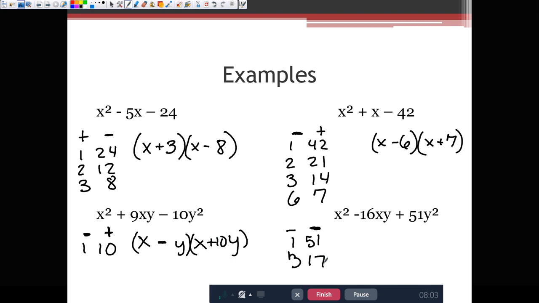Do either of those add up to 16? No. So if it doesn't work, then it's considered prime because you cannot factor it anymore. It's in its simplest form. There's nothing that can be factored out.